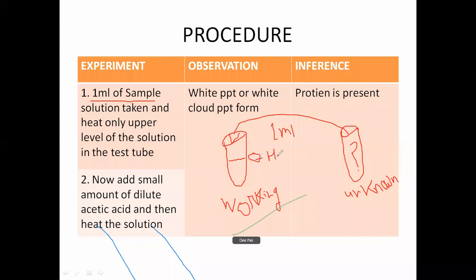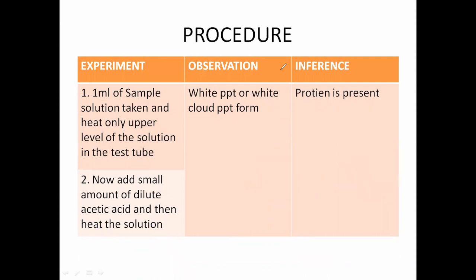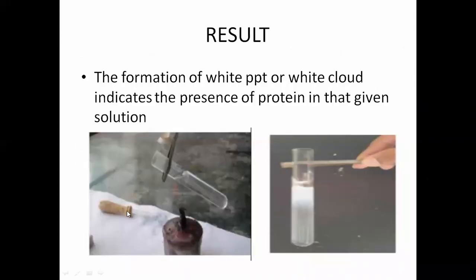Wait, I'm going to show you. You see, heat in this fashion. They are heating only the upper portion of the test tube in this photo. Is this visible? Yes, this is visible.